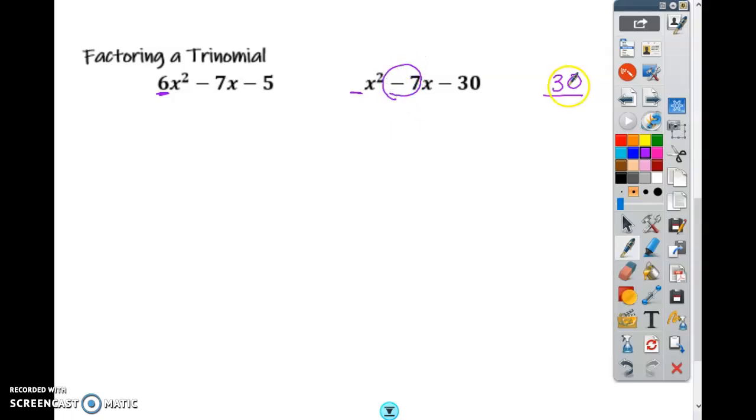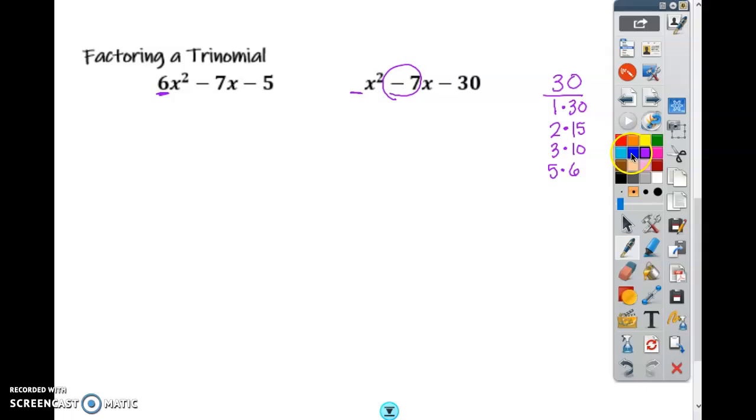So give me things that multiply and give you 30. 1 times 30. Look at your chart. What about 2? 2 times 15 gives me 30. What about 3? Times 10 gives me 30. What about 4? 4 doesn't work. What about 5? Times 6.